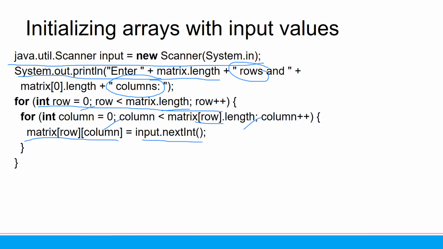So you use input.nextInt. It means I want to put the integer value in that particular cell. So the row and the column is a value that will be stored in this space.